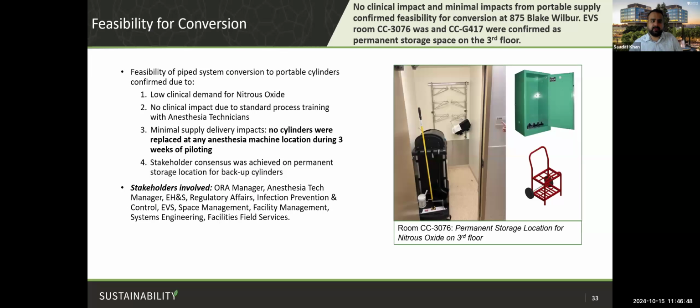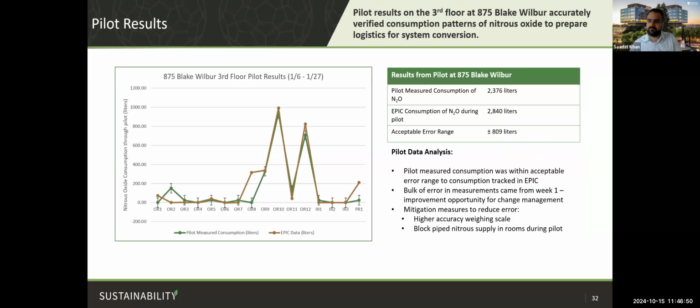And what our pilot then yielded, and if you go back for reference, one E-cylinder is about 1,600 liters. And what the results show on the screen is that across 3 weeks of usage in about 15 or so operating rooms, we used about 2,400 liters, which is about 1.5 E-cylinders over a month's time.